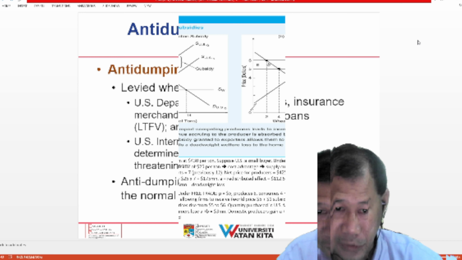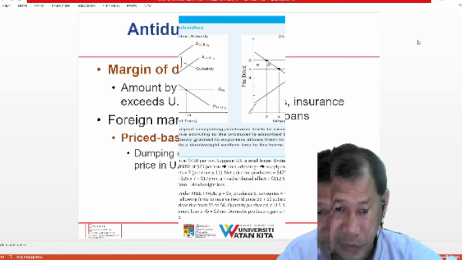Once it is established that dumping really happened, anti-dumping duties are imposed in addition to the normal tariff.